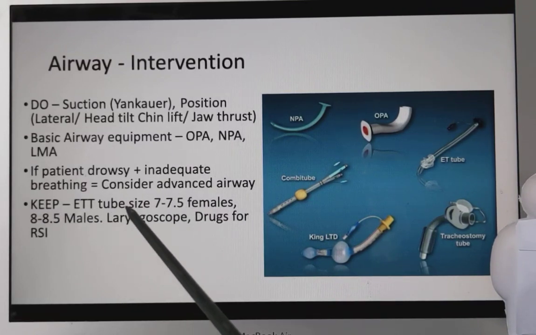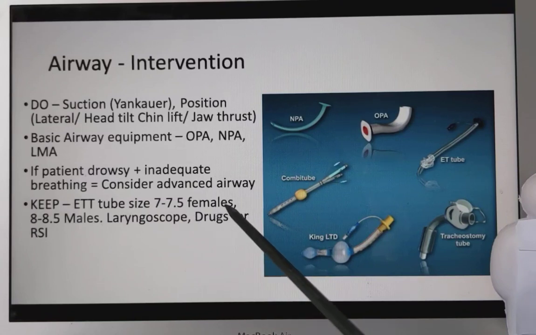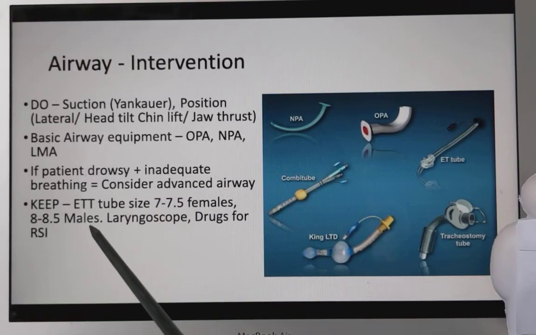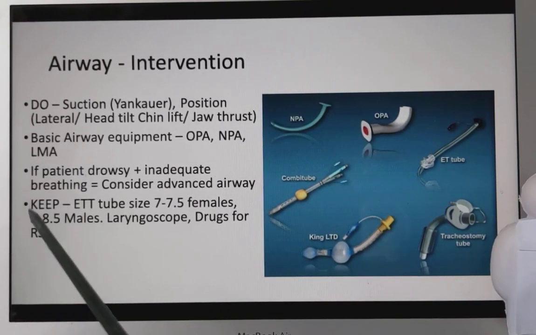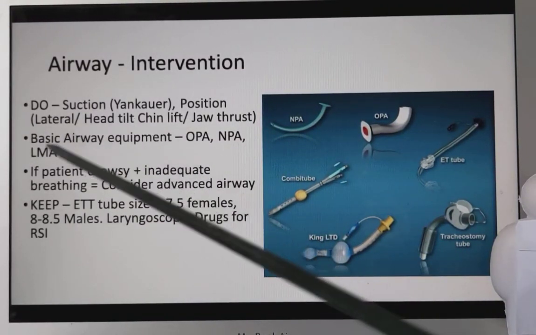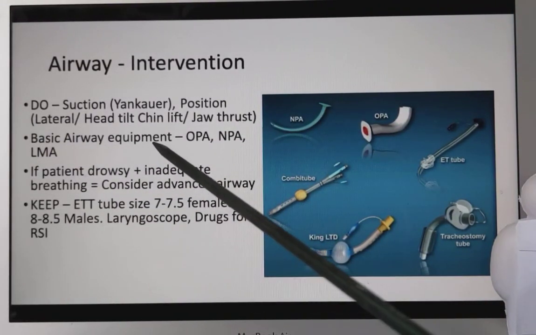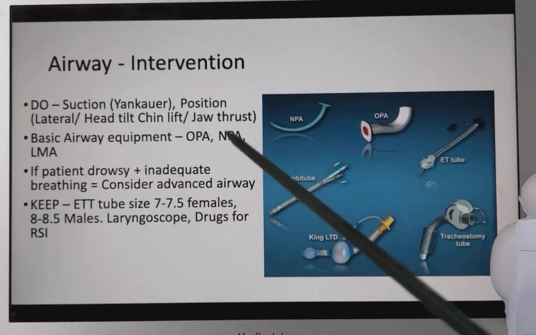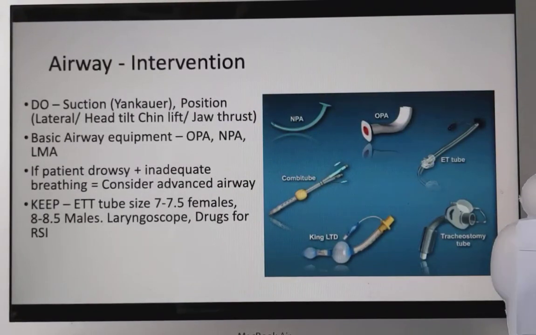Now, endotracheal tube size is 7 to 7.5 in adult females, 8 to 8.5 in males. You should keep the laryngoscope and the drugs ready for RSI, which is rapid sequence intubation. So this is just an overview of this. In children, the size of the endotracheal tube would be age by 4 plus 4. So that's how we go about it.